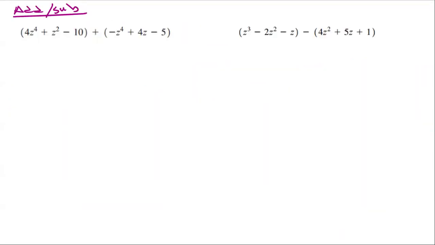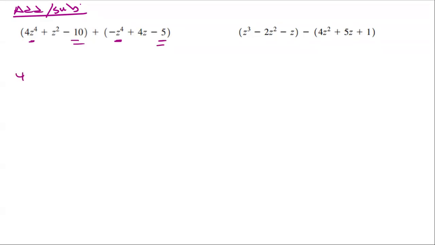We want to either subtract or add these terms. Okay? So in order for us to add them, we have to have the same like terms, despite the coefficient. So I would start matching them up. So z to the fourth will go with this one, right? There's no z squared here, and there's no 4z over here. But these guys, they are the same like terms.